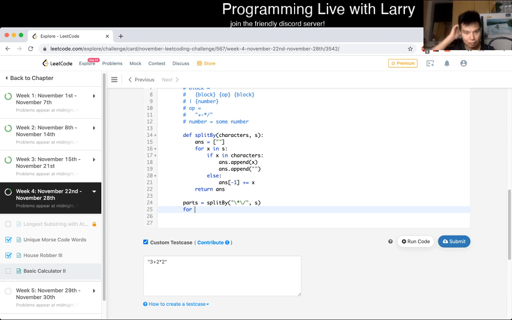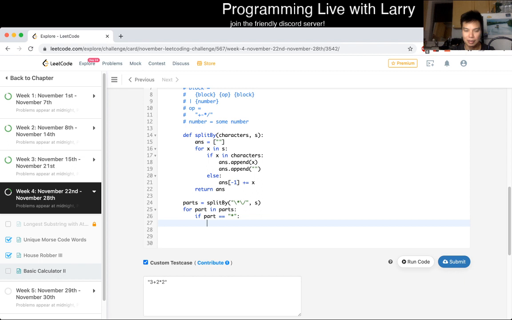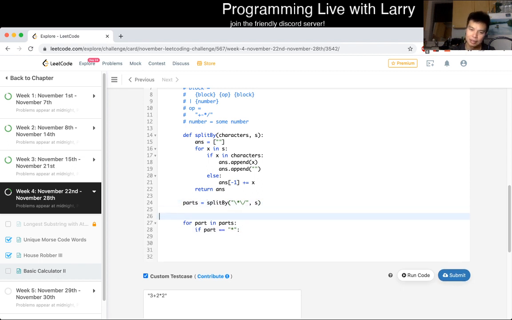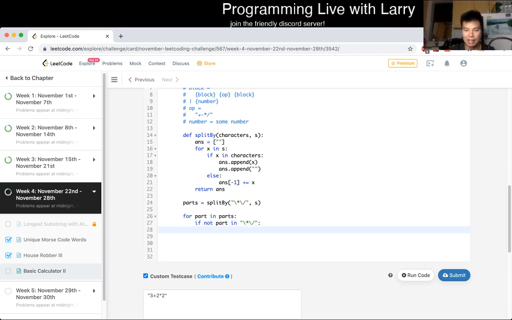So now we could say for part in parts, if part is equal to x, how do we do it? If this is not in these two star things, then that means that this is a number, and that we took the last number and then do some magic on it.